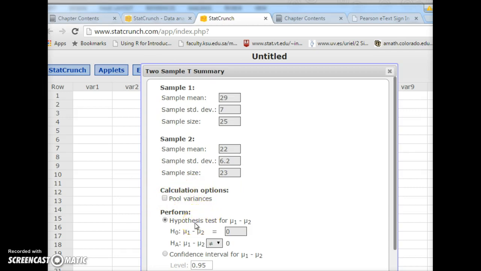Okay, so the hypothesis was that the ninth graders had more free time than 12th graders. So we want to know if sample 1 is greater than sample 2. So we have greater than.